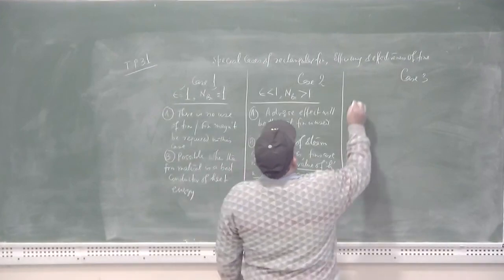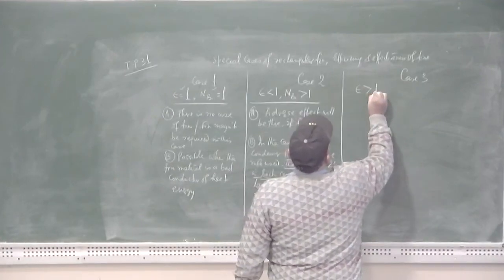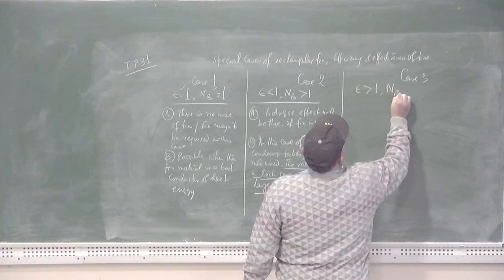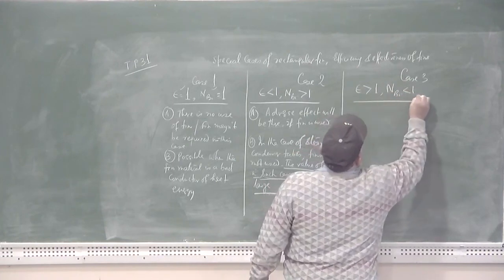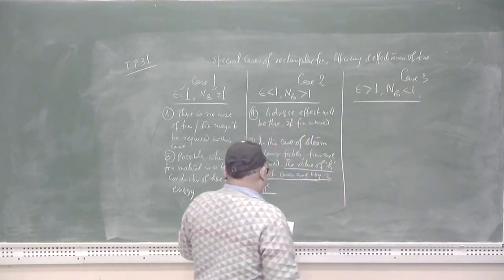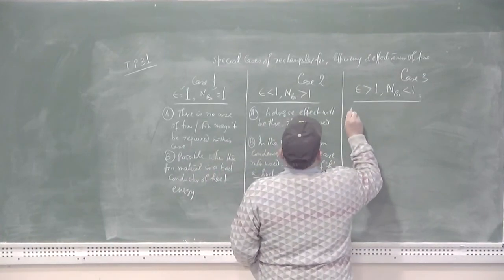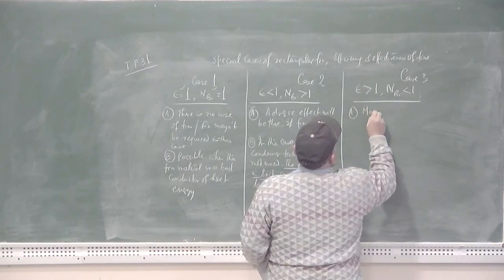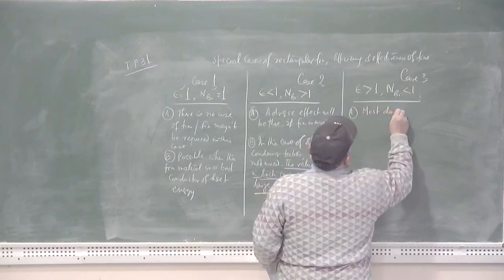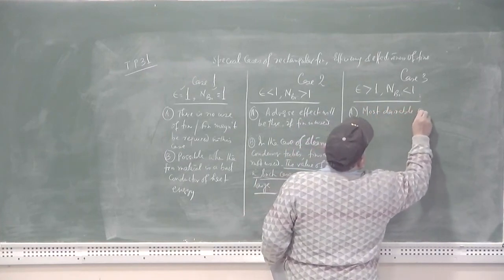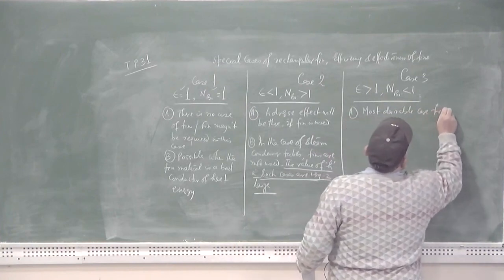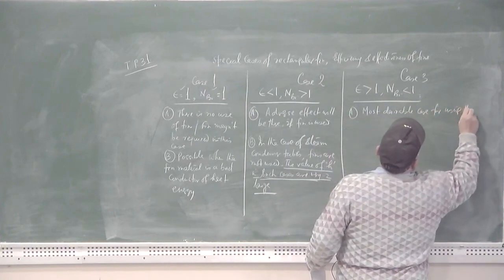Case number 3 is epsilon greater than 1 and the Biot number less than 1. This is the most prominent case, the most desirable case for using fins.